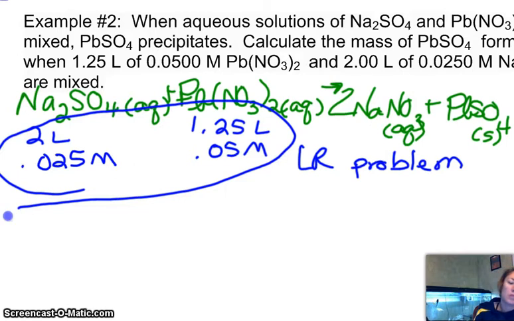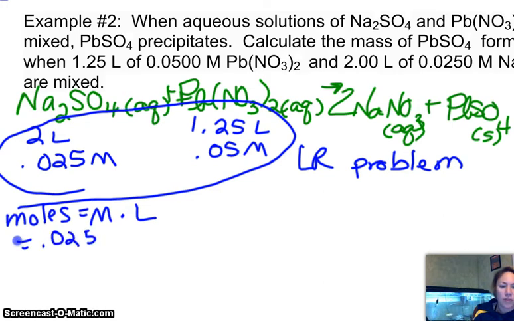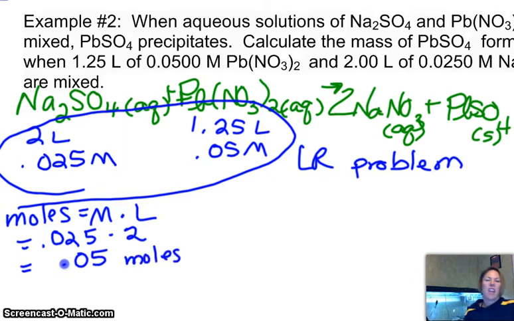So we find the moles of each one. The moles equal 0.025 times 2, which is going to give us 0.05 moles of this, I think. It's early on Sunday morning.